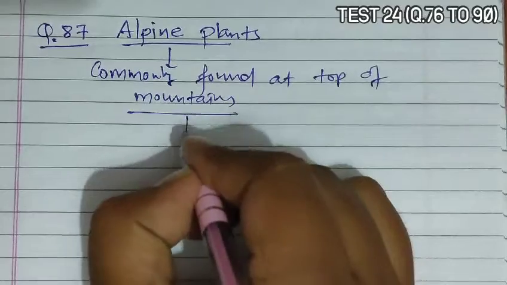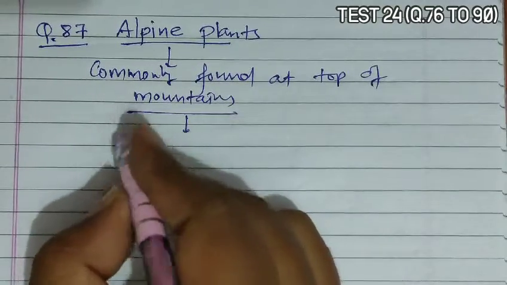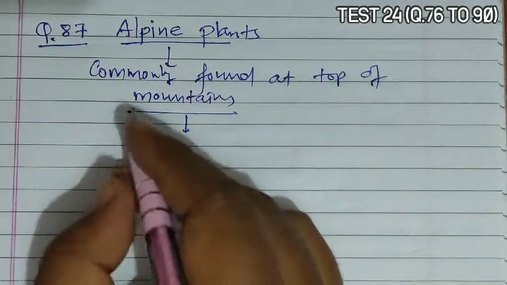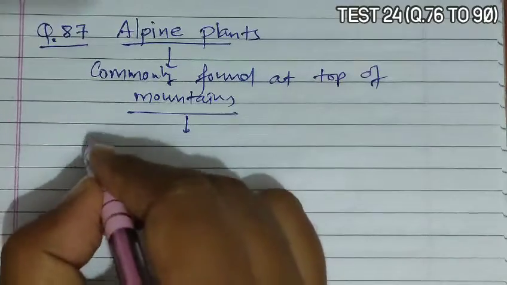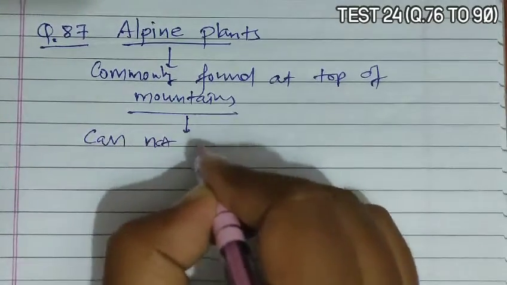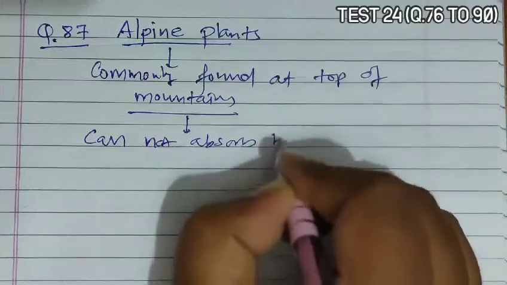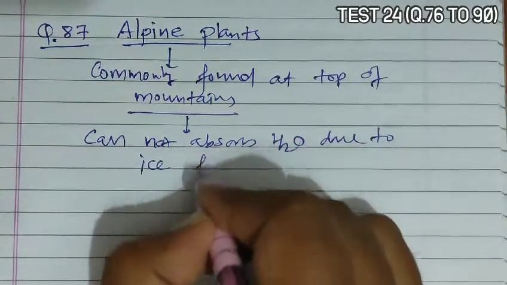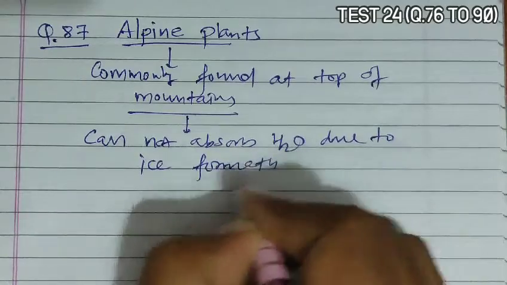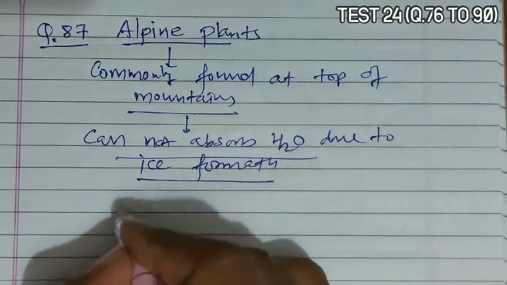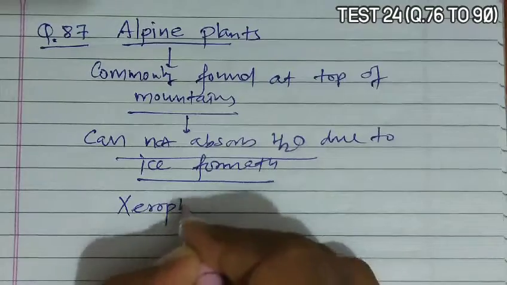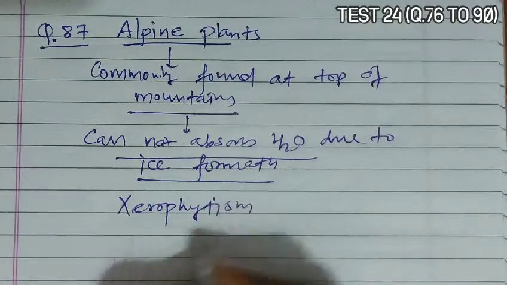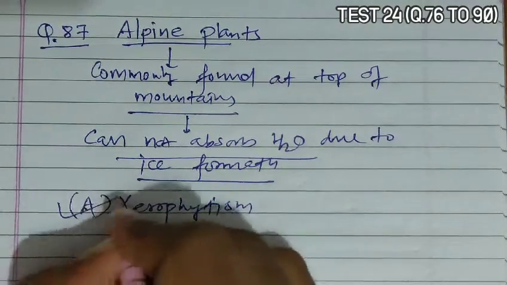They are found there because they cannot absorb water due to ice formation, and this type of plant is a xerophyte, so they show xerophytism. So A is the correct answer.